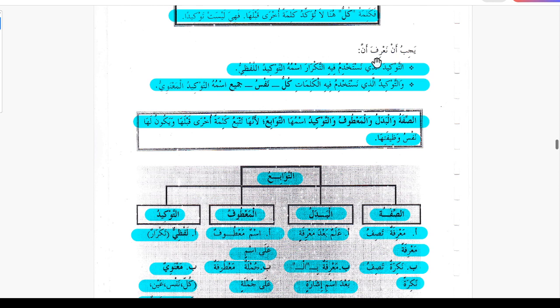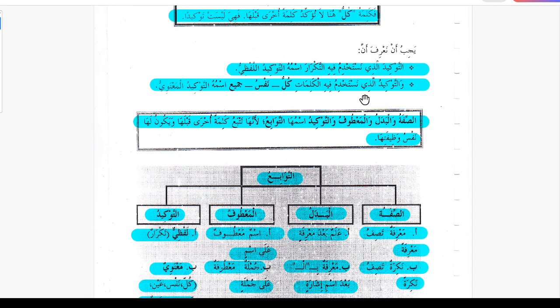Now we know that the emphasis where we use repetition, if we use the same word, we call it tuqidul lafzi, the emphasis of the word.